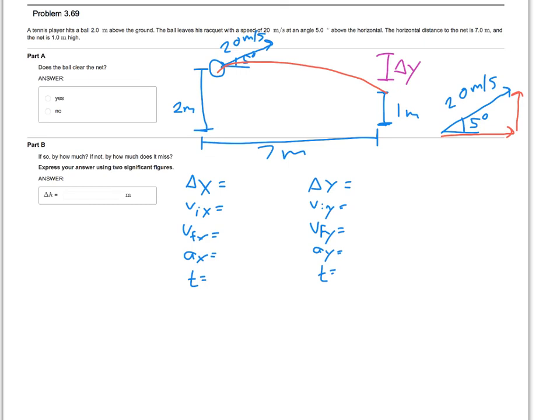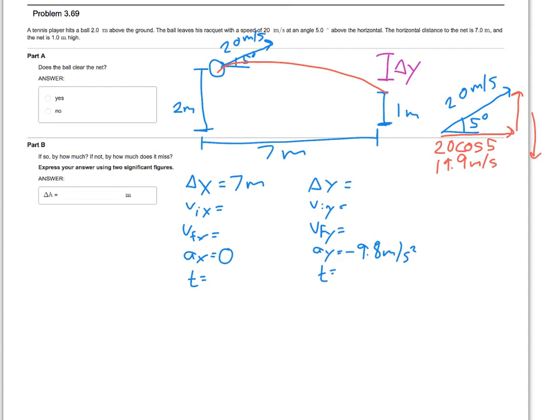So looking at my chart, I of course know my x acceleration is 0, my y is -9.8 meters per second squared. I do know my x displacement is going to be 7 meters. Okay, and I can go ahead and break that velocity into its x and y components. So the x component is going to be 20 times cosine of 5, which is 19.9 meters per second.